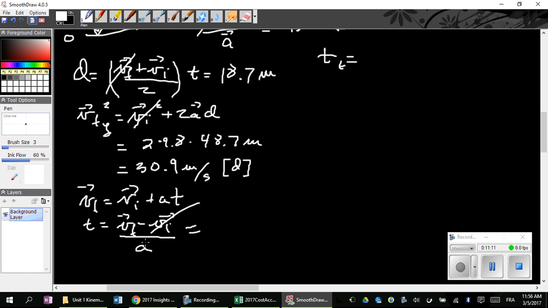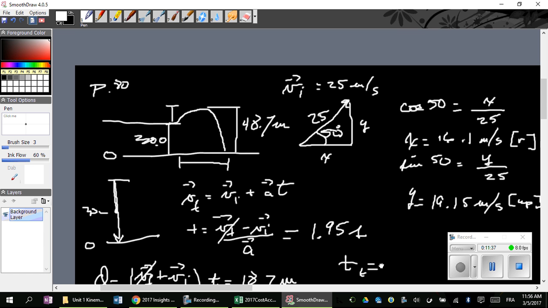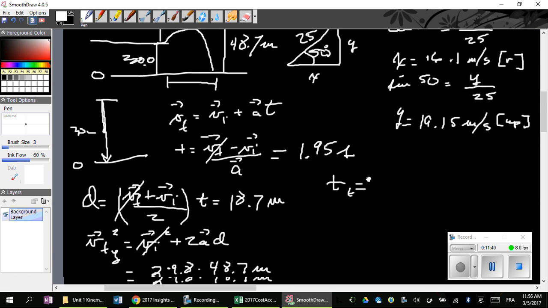30.9 divided by 9.8. So it takes 3.2 seconds to fall from the top of the vertex to the ground. And we know that that was 1.9 earlier. So plus 1.95.